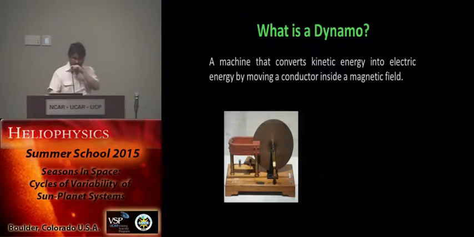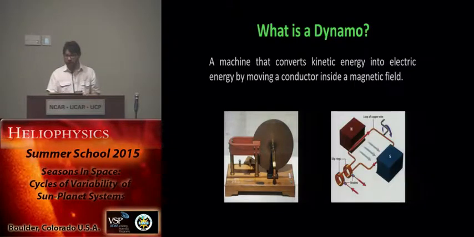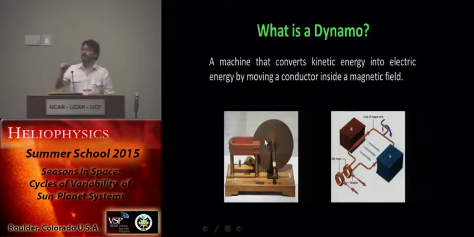However, the solar dynamo and dynamos in stars are much more similar to the kind of generator that we normally use. The traditional dynamo works by having particles that are moving inside a magnetic field, right?